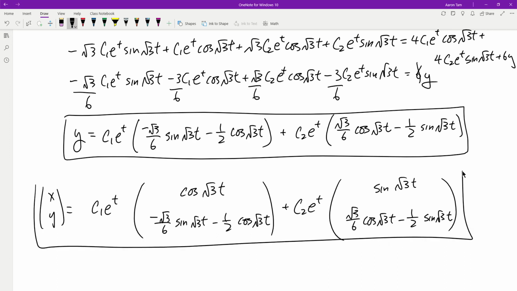So that seems to be my answer written in vector form.